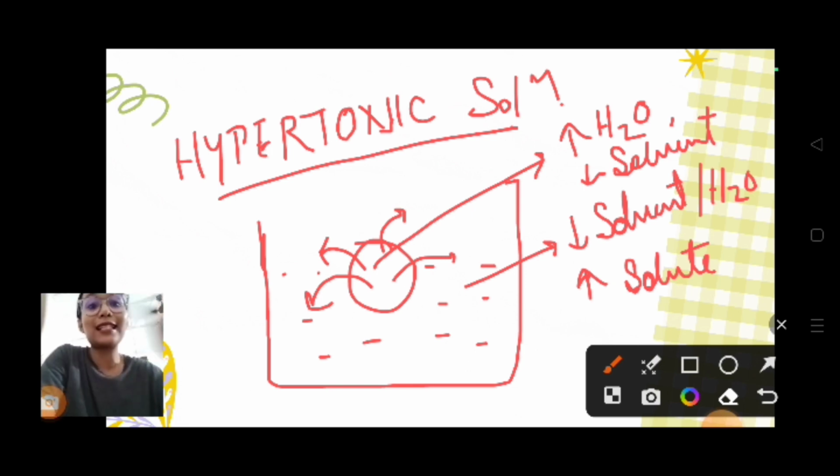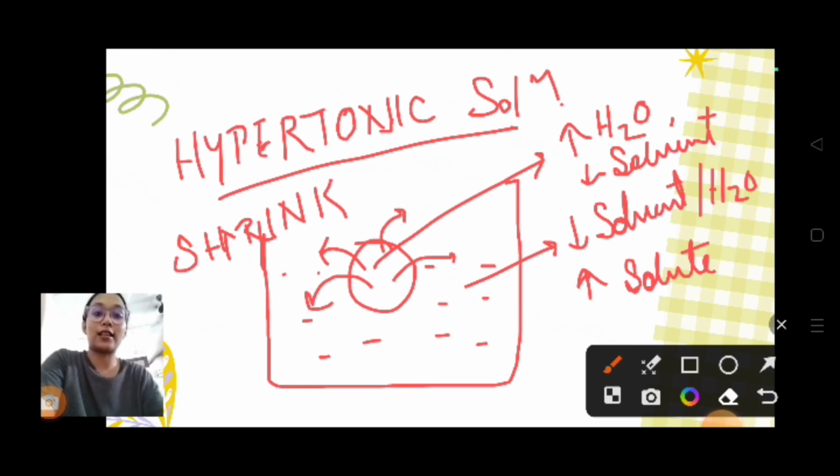The cell will shrink, S-H-R-I-N-K, shrink. It will become small because water has gone out. Understanding?